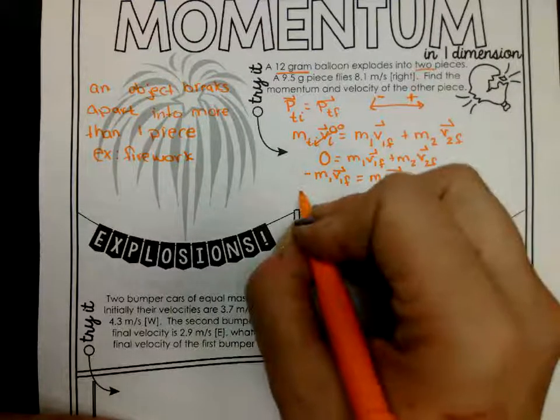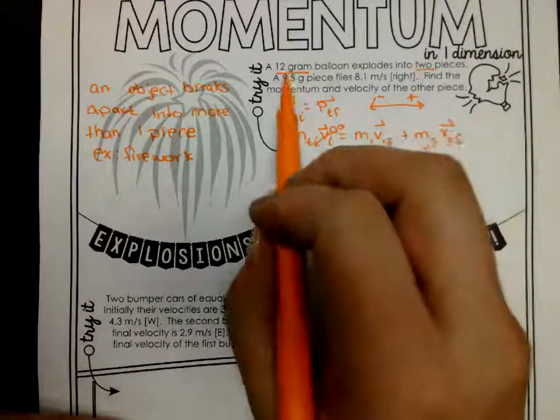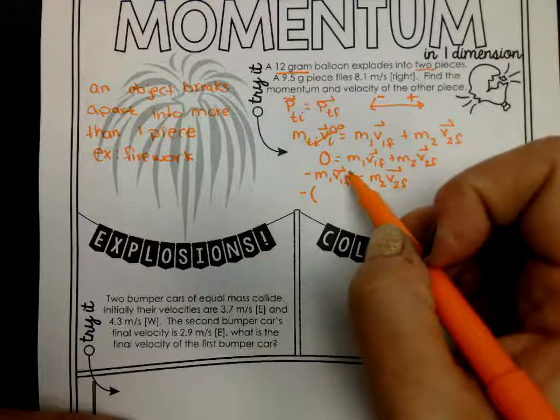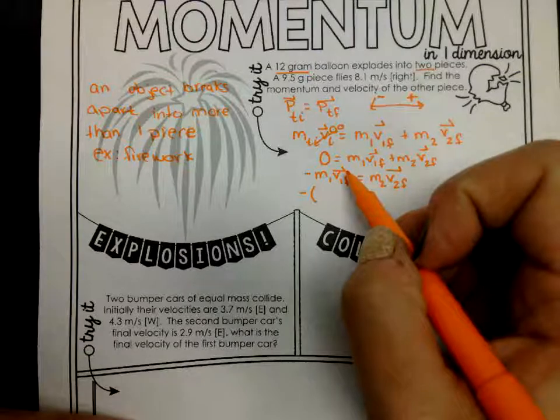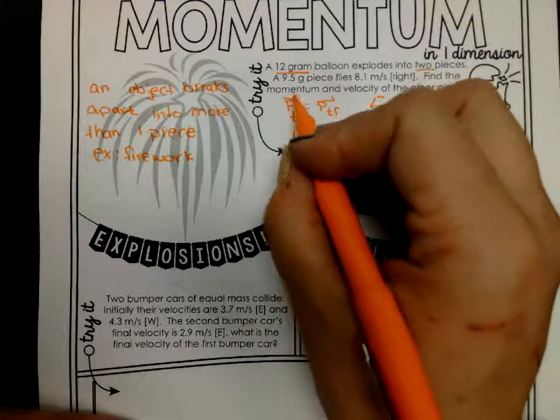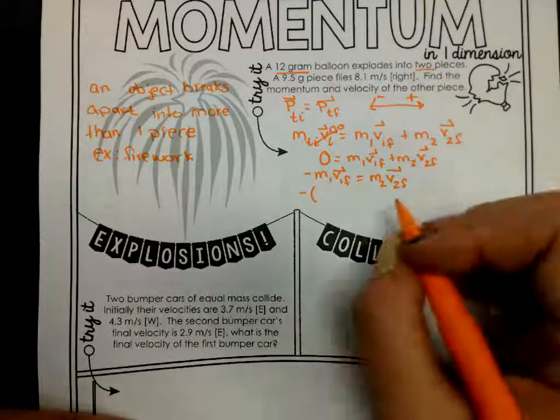My mass 1, sorry, is equal to 9.5 grams, but I need that in kilograms.